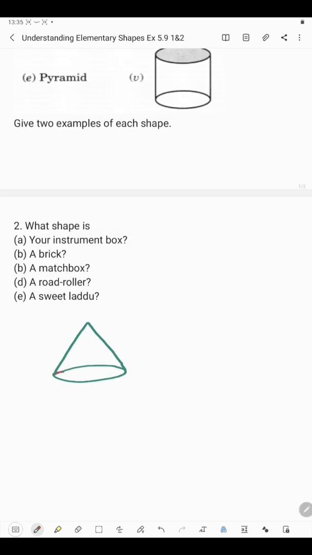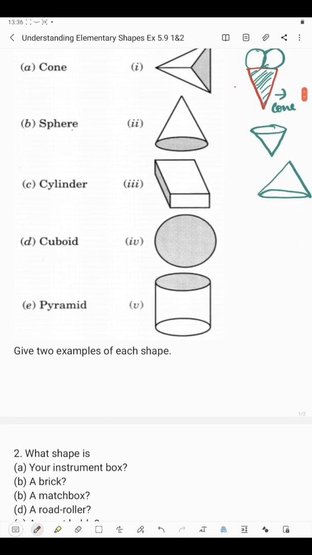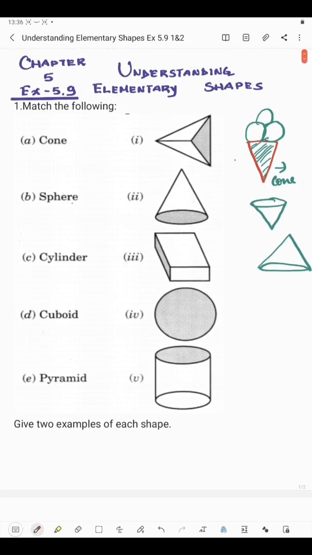A cone has one circular base and one curved surface. This is called the vertex of the cone. So let us find where this shape is given. See, it's here. So this is the cone.